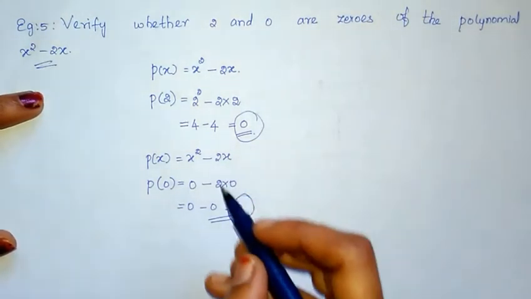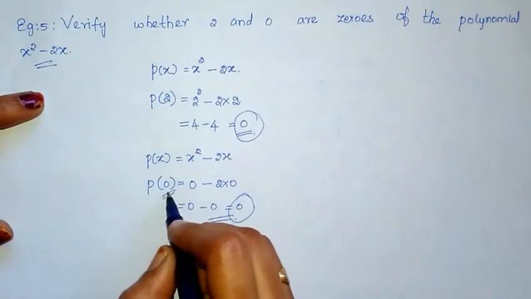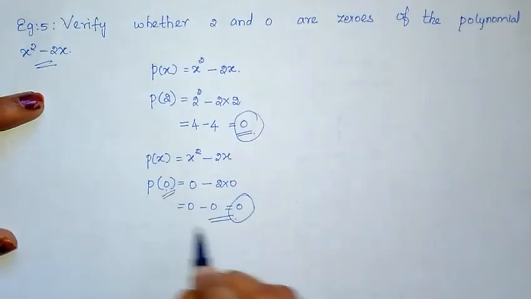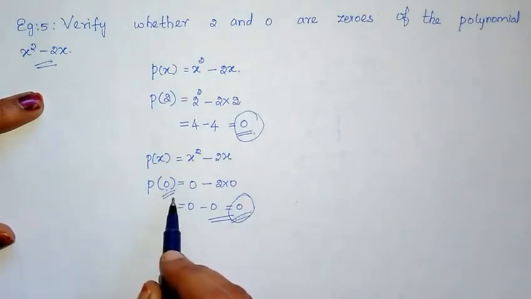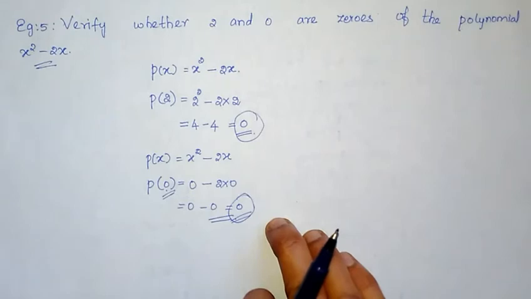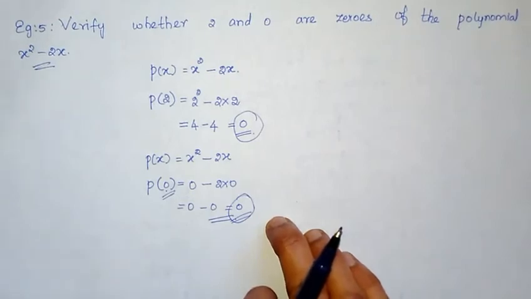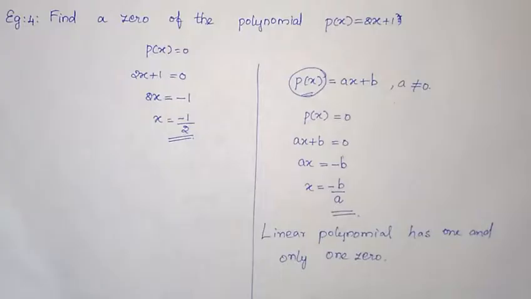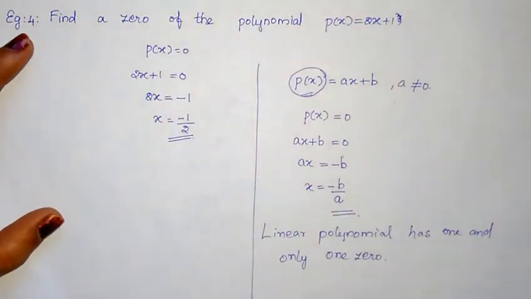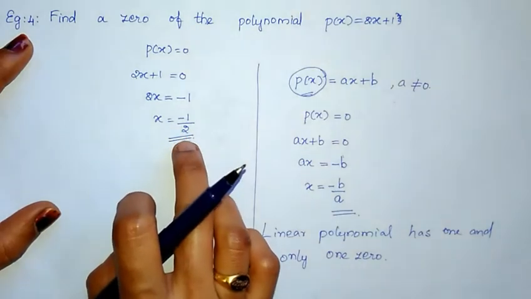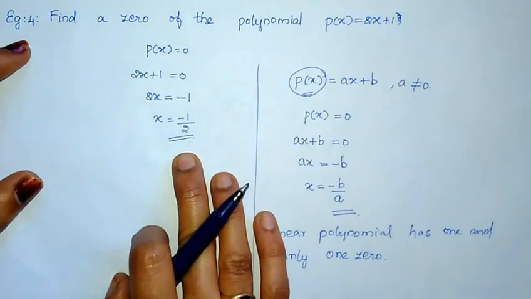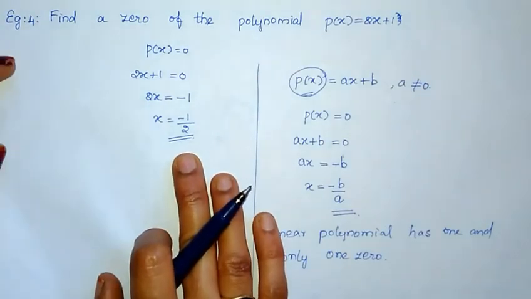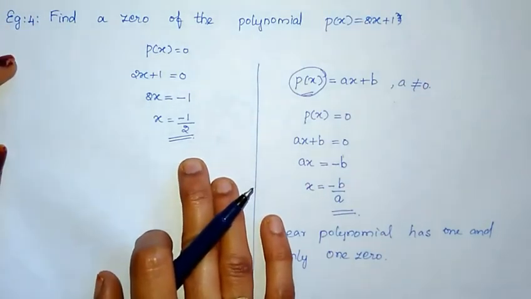Here when we applied 0 in the place of x, we got the answer 0, that is 0 is the zero of a polynomial. So, it is clear that 0 may be a zero of a polynomial. Next one, in example 4, we got minus 1 by 2 as a zero of this polynomial. So, it is clear that a zero of a polynomial need not be 0.